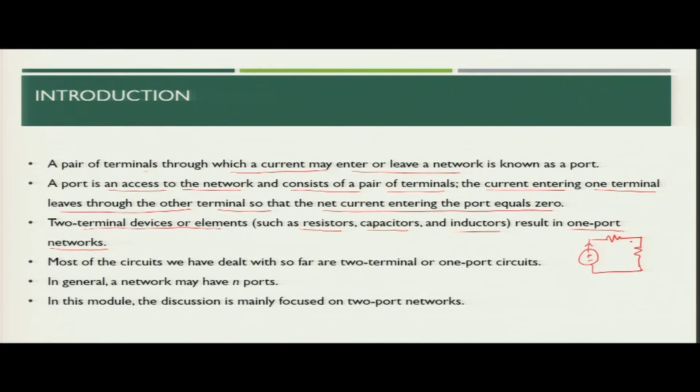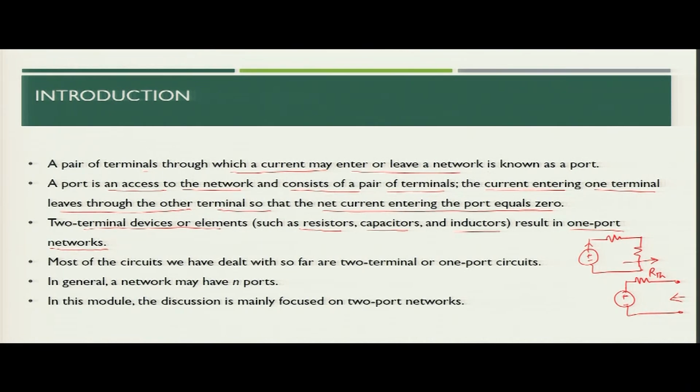Now, when you create the Thevenin equivalent, you generally represent it as a Thevenin voltage and the Thevenin resistance, and the RTH is nothing but the value of resistance you will see when you look into the network from the port.